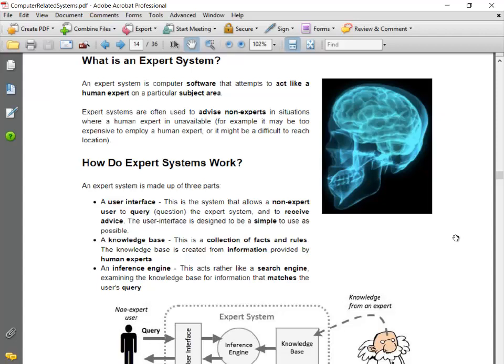Now, you should be able to compare and contrast the difference between a search engine and an expert system. Can you tell me what the difference could be between an expert system and a search engine? Excellent, you said it. A search engine is a jack of all trades. A search engine does not have expertise in one particular field.